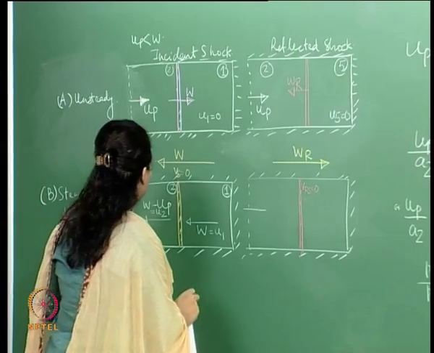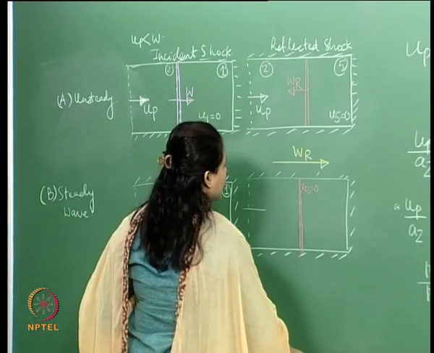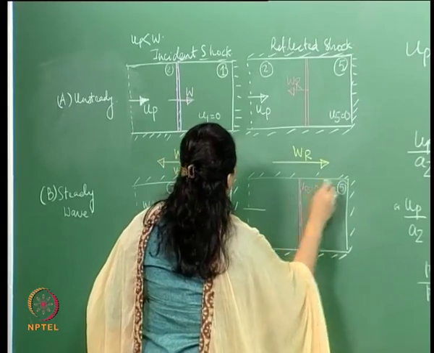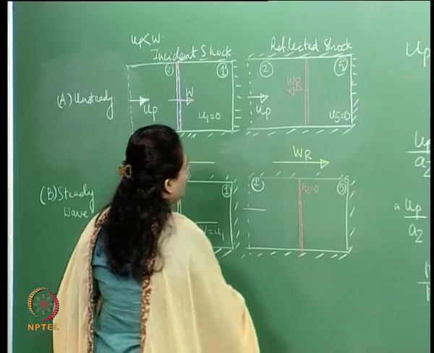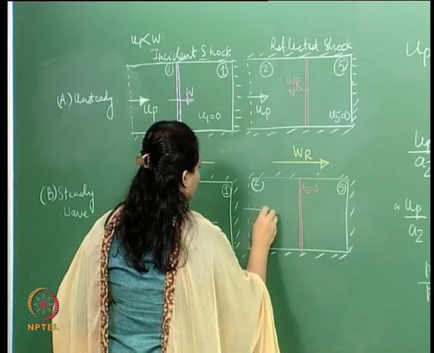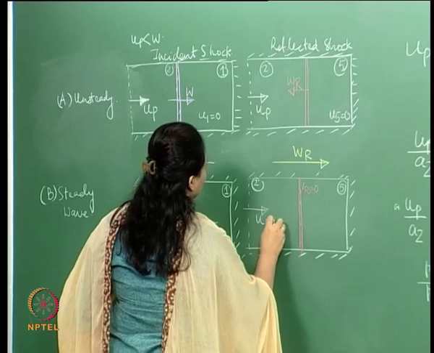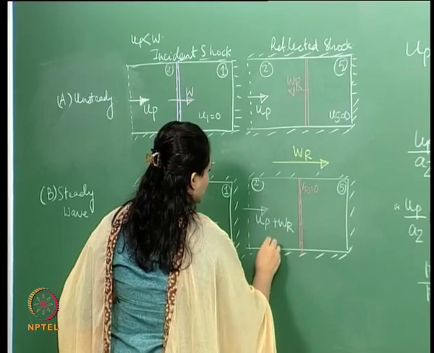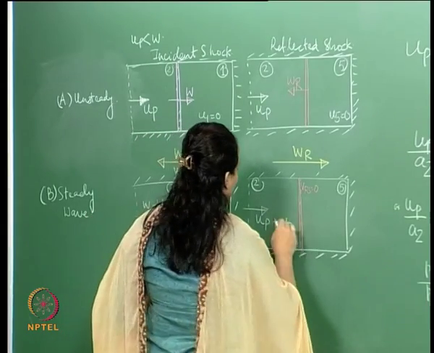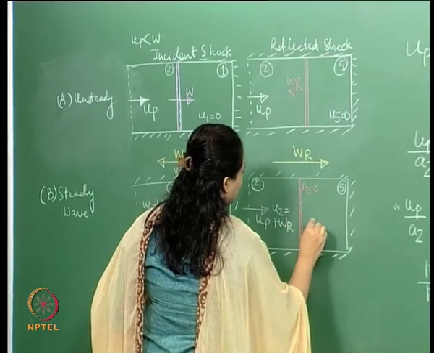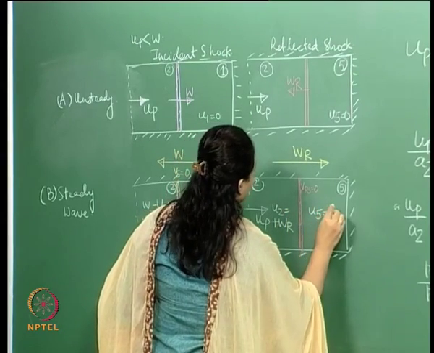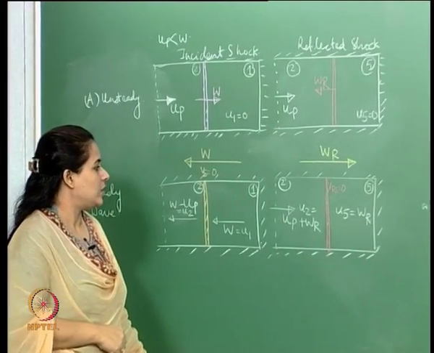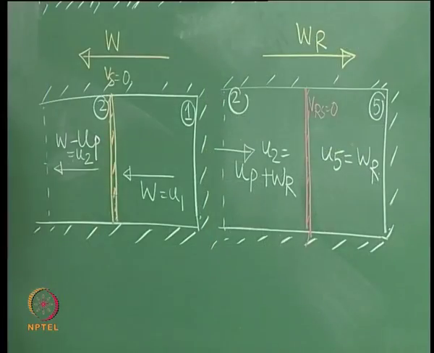This is region 5, and this is region 2. In that case, what we get is UP plus WR equals U2, and U5 is equal to WR. So that's all there is.